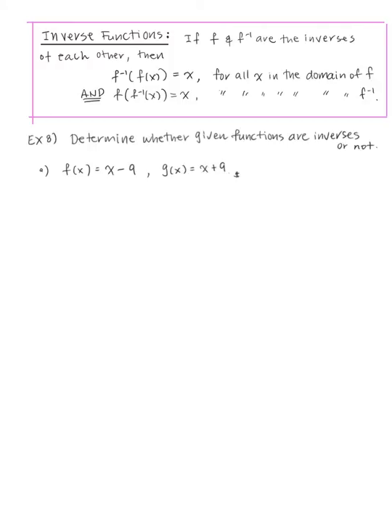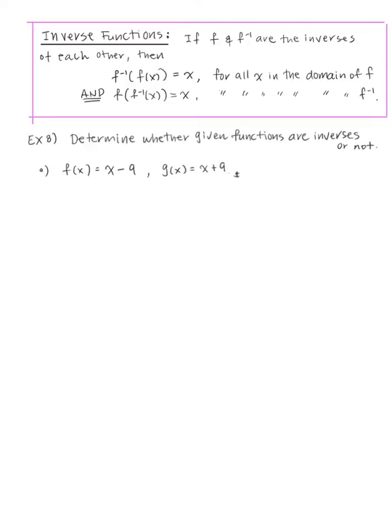So example 8, determine whether the given functions are inverses or not. So here we have f of x equals x minus 9 and g of x equals x plus 9. Are they inverses of each other? Well, how do you check? What we need to do is, if f and g are inverses of each other, then f of g of x must equal x, and then g of f of x must equal x.